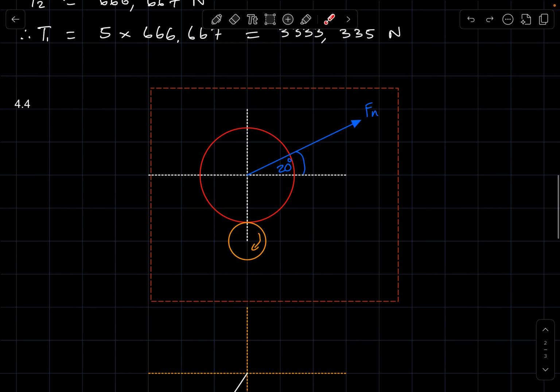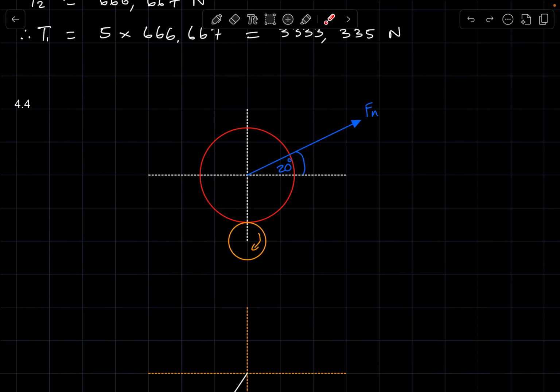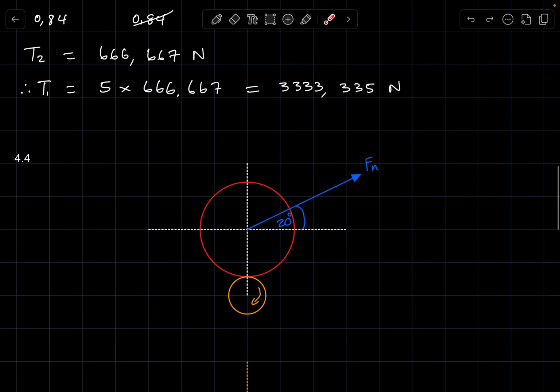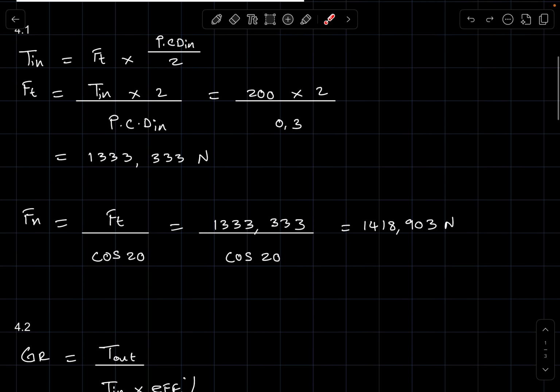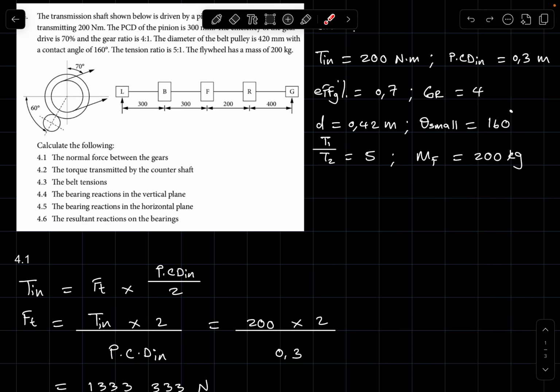Now, in knowing where the normal force is acting relative to the Cartesian plane of the line shaft, you simply look at how you would need to rotate the Cartesian plane of the gear system such that it aligns with this line.